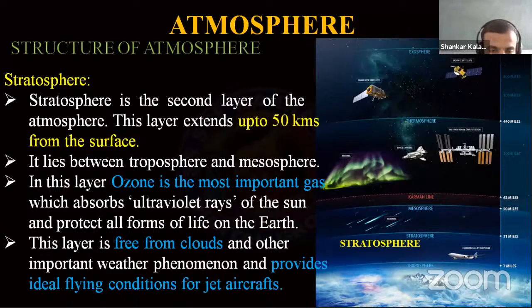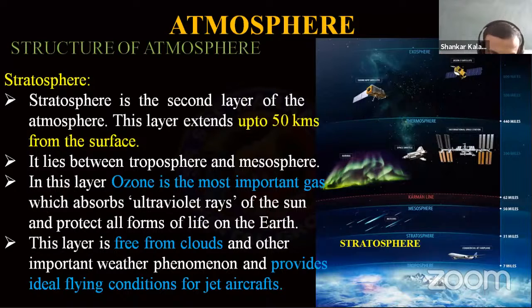In this layer, ozone is the most important gas. In which layer is the ozone layer found? In the stratosphere. Ozone absorbs the ultraviolet rays of the sun and protects all forms of life on the earth.